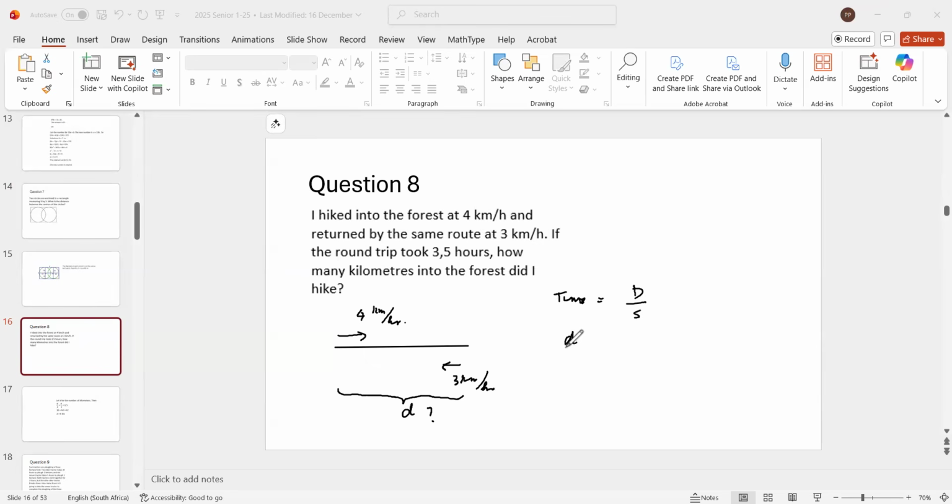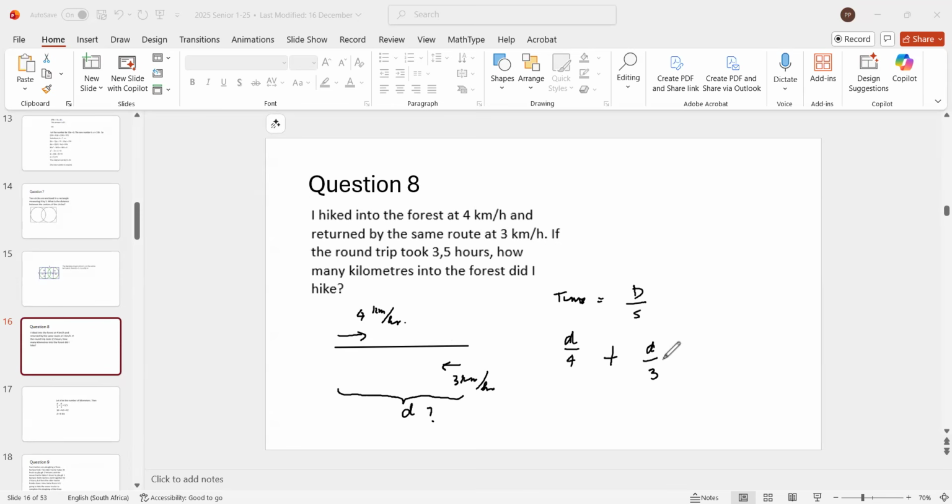So the upward journey, the onward journey, takes d over 4 hours. The distance is d, the speed is 4, so the time is d over 4 hours. The return time, same distance, d, but now you're traveling at 3 kilometers per hour, so the time taken is d over 3.